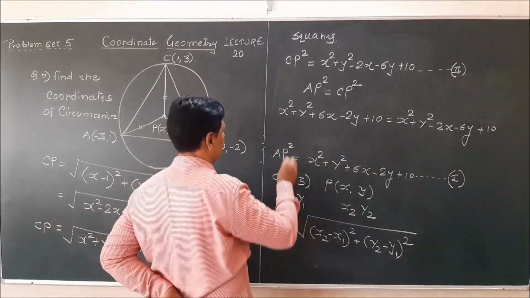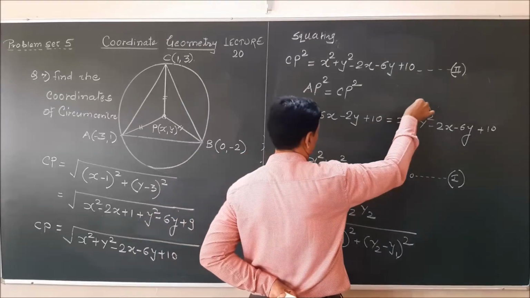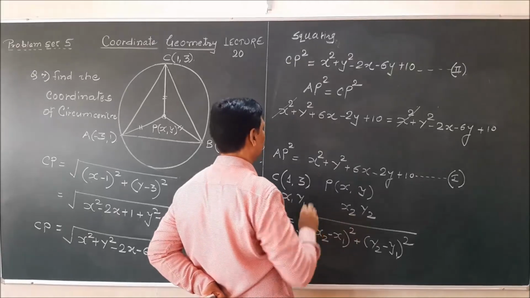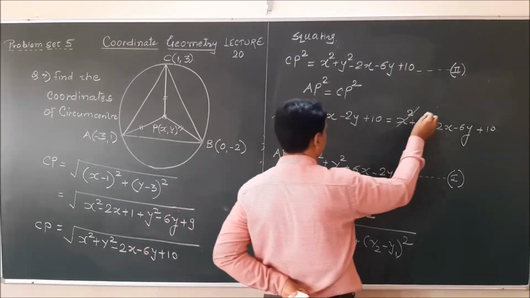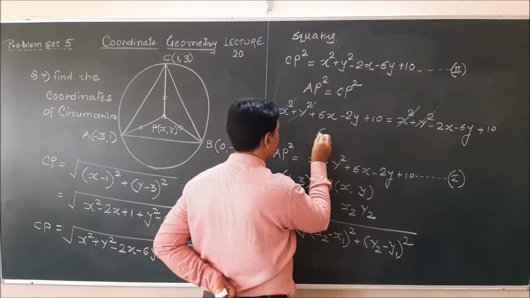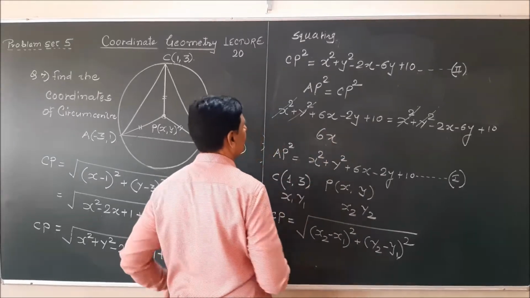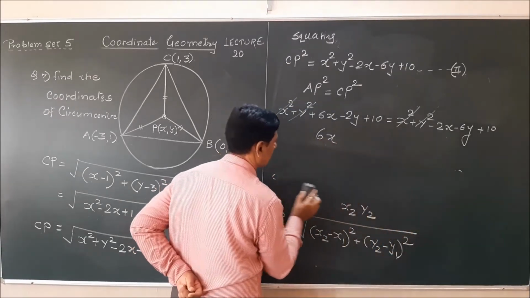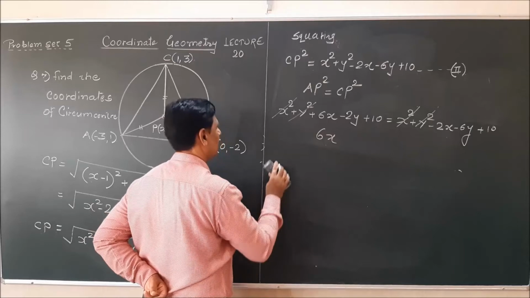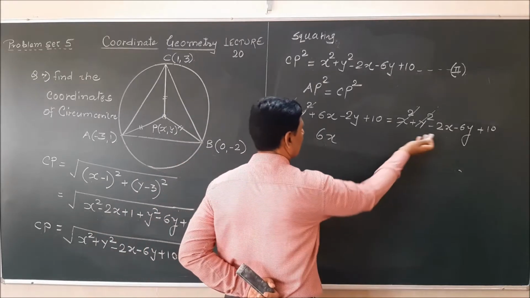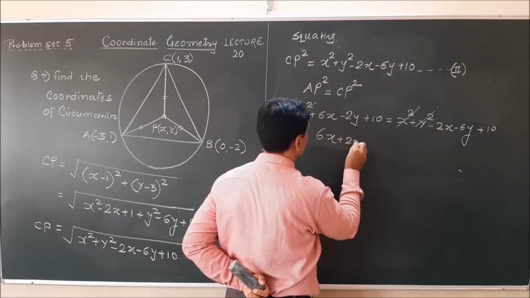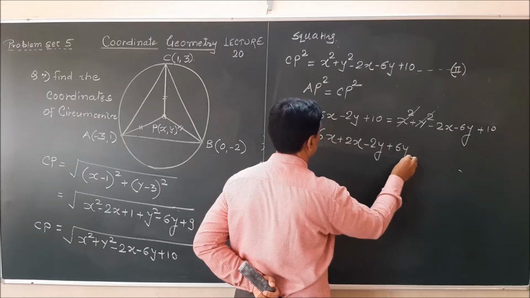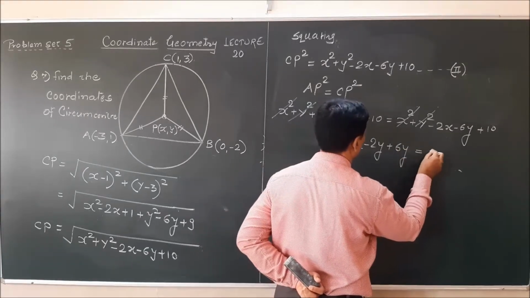Now if I simplify this, x square and y square from both sides we can cancel, because if you transfer them to the right hand side they become minus. So 6x plus 2x minus 2y plus 6y is equal to 0.